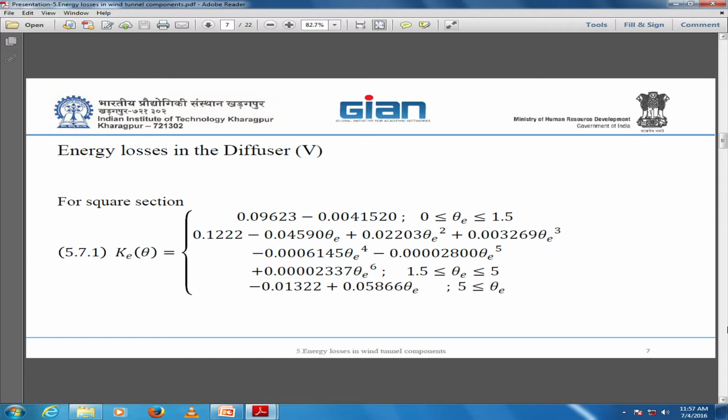I have to look back on the first row. Something is wrong there because I don't see the dependence on theta. On the second region, which is more practical to us, the formula is much more complicated, but here it is. And the third region is when theta, the expansion, is bigger than 5 degrees.